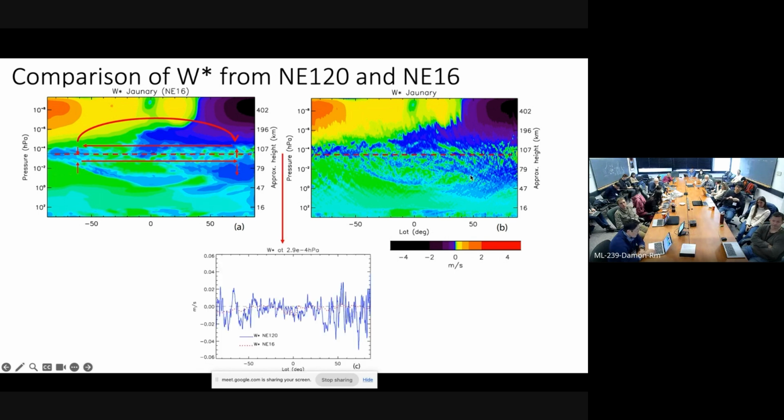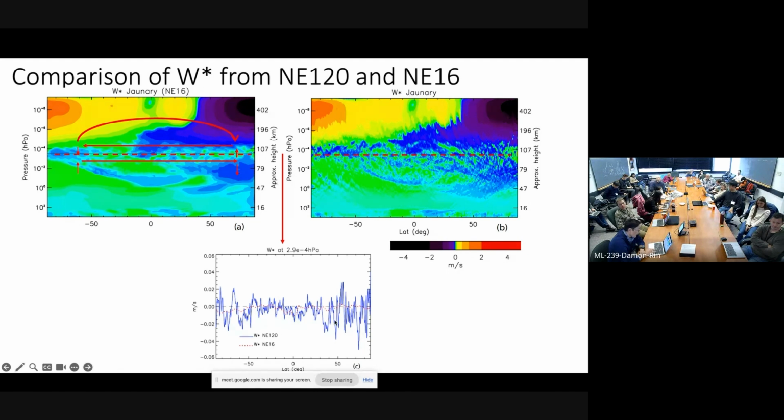If we cut through 100-kilometer altitude and look at the residual mean wind from the two simulations, the red is from the low resolution and the blue is from the high resolution. You can see that the red is pretty weak, around zero, and sometimes even upward.